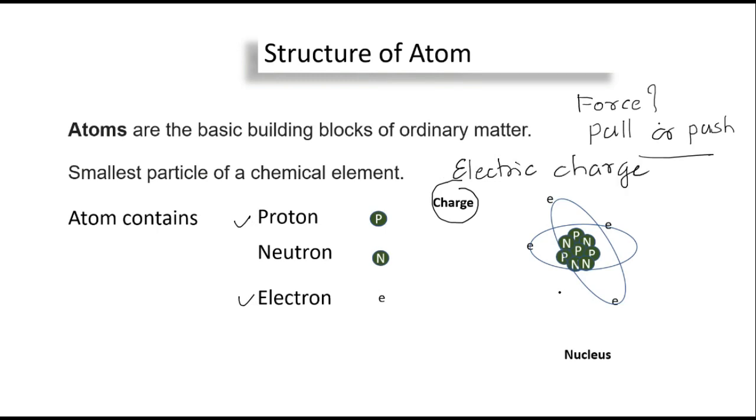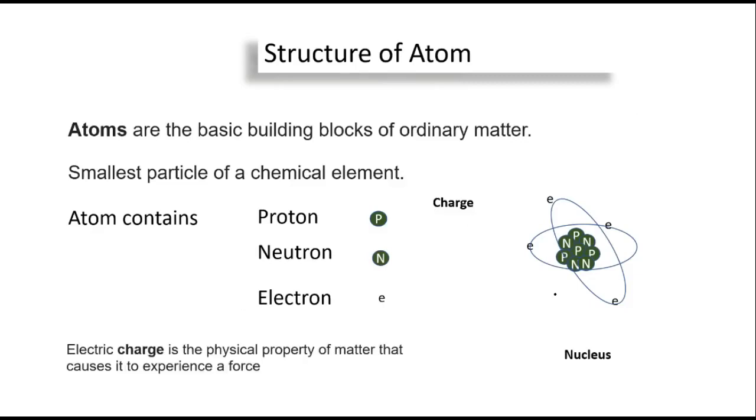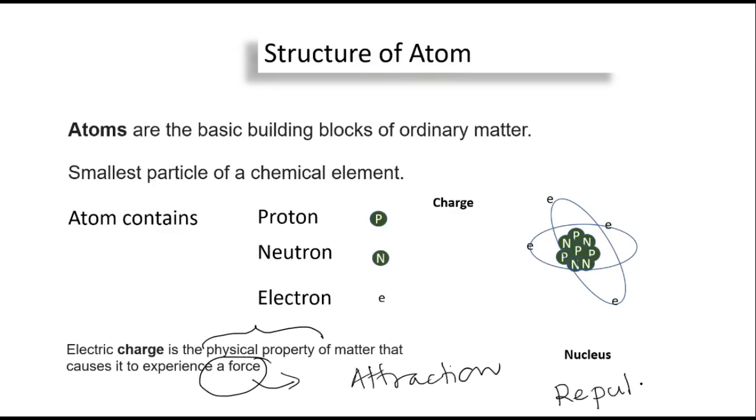Therefore, electric charge is nothing but a physical property of matter that causes it to experience a force. And what kind of force? Either attraction or repulsion, or you can say in simple words, push or pull, right?